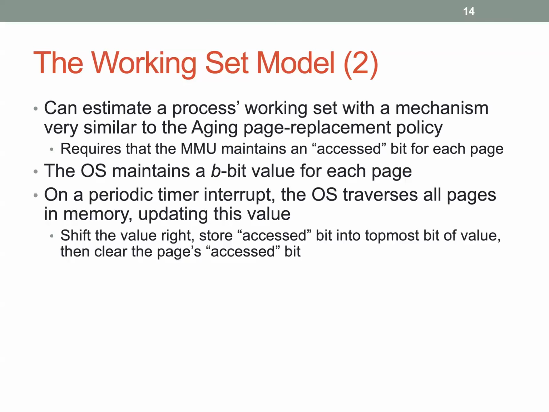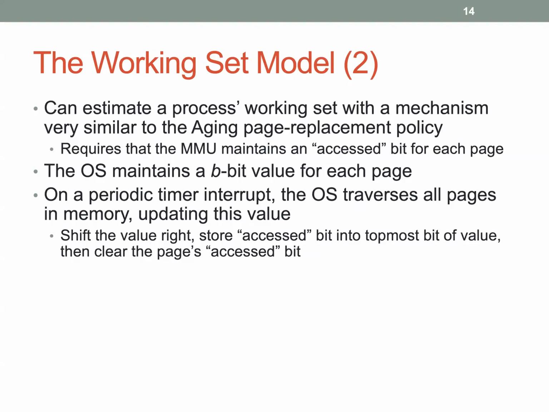And so on a periodic interval, we traverse all the pages that are in memory. We look at the access bits for the pages in memory, and we update the age value using the mechanism I described in the previous talk. We shift it right, and we drop the current value of the access bit into the topmost bit.